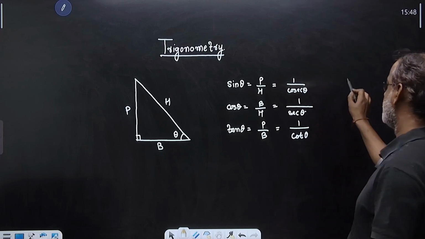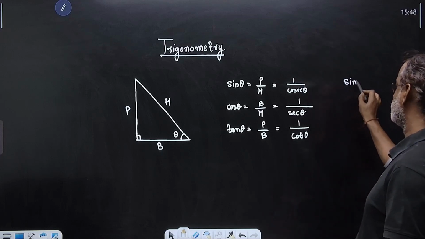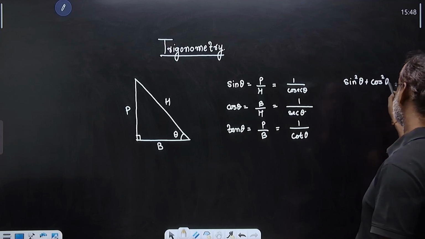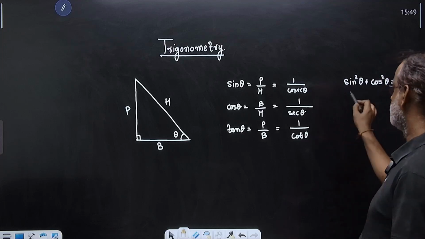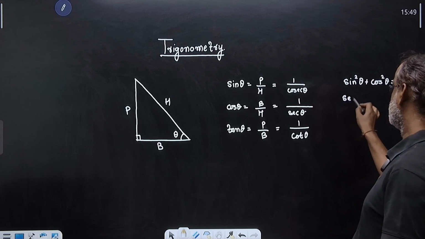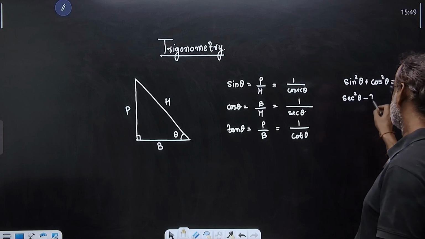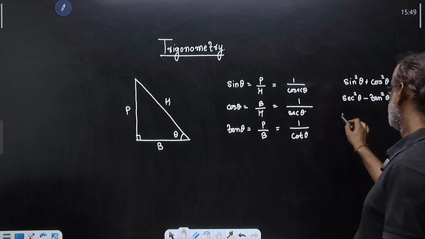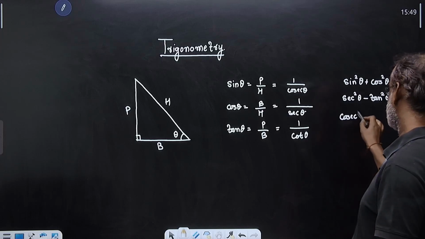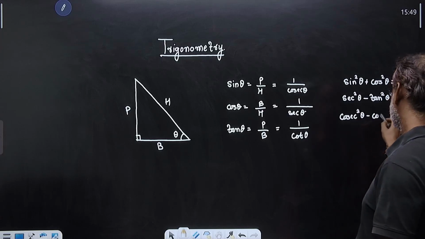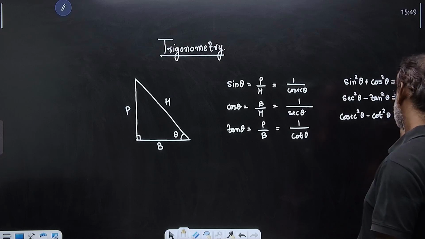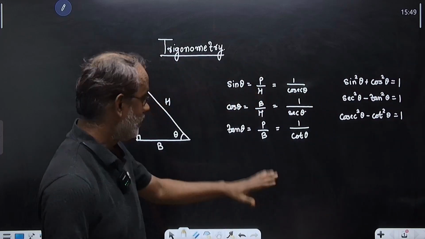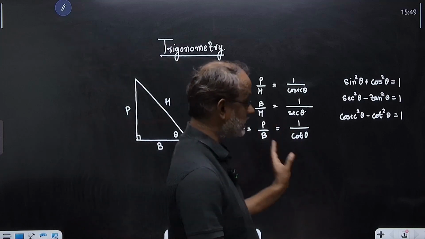The identities that you must be aware of are sine square theta plus cos square theta is 1, and cosec square theta minus cot square theta is 1. So, I hope all of you are aware of these things.